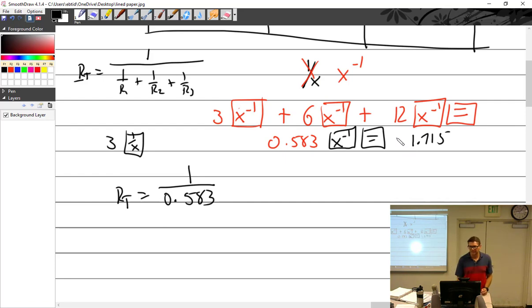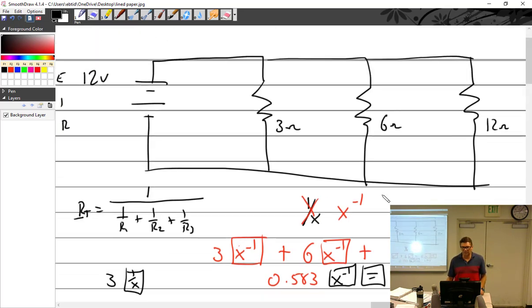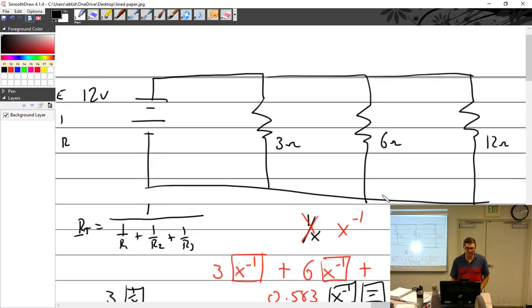Okay. So going back up here to finish that off, what did we get? 1.715 ohms. Now remember, in a parallel circuit, what stays the same? Voltage.